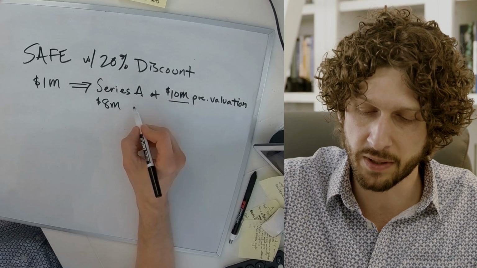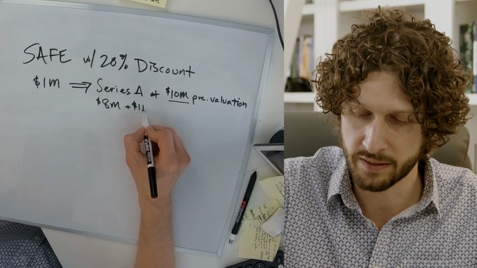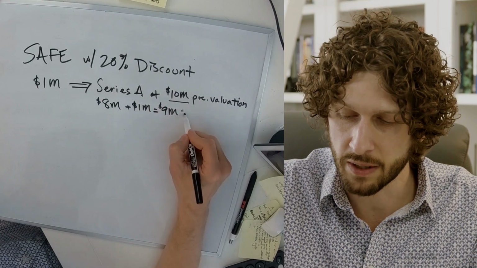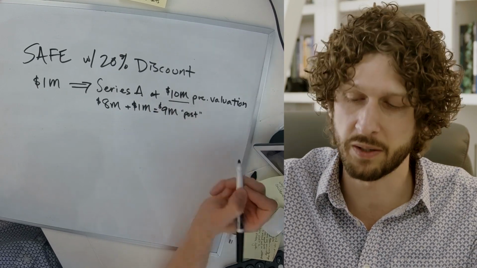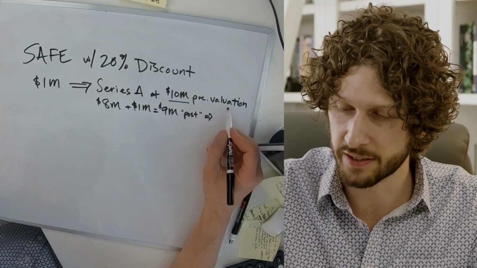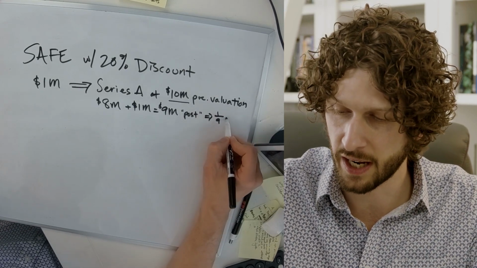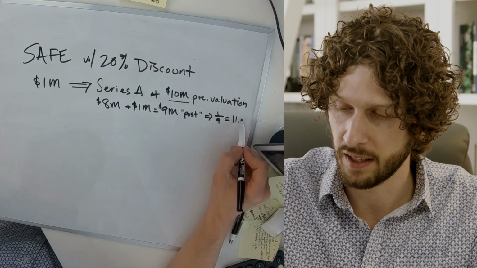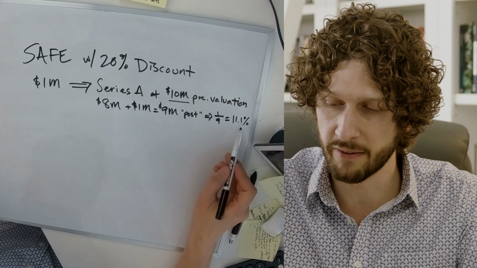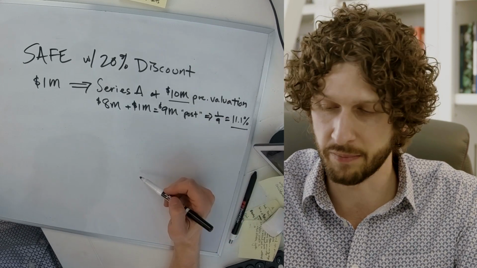So I'm going to do the $8 million plus $1 million. It's going to give me $9 million, quote unquote, post-money. And I'll explain what I mean by that in a second. That in turn is going to give me 1 million over 9, which is 11.1%. So as of right now, I own 11.1% of the company.